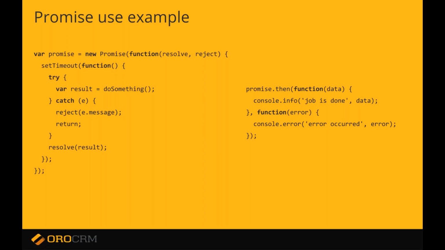Or if it worked fine, we will execute the resolve method with the result that we get from our doSomething function. In another part of the application, we can handle these actions once we provide to the promise two methods that are aimed to handle the success result or error result.